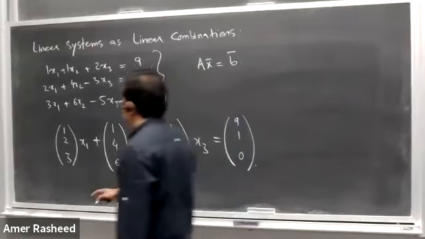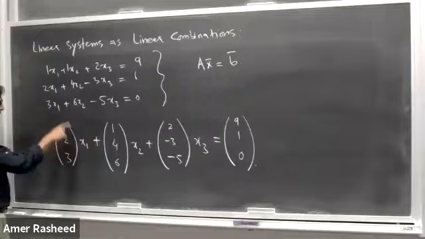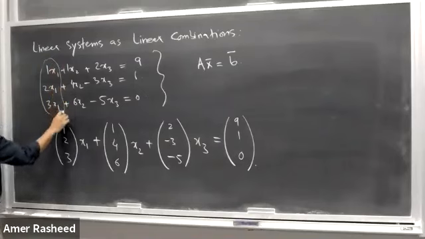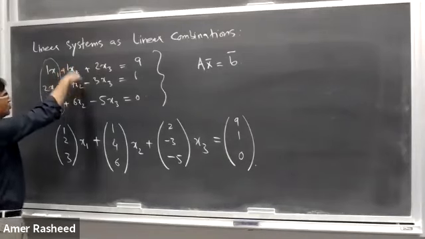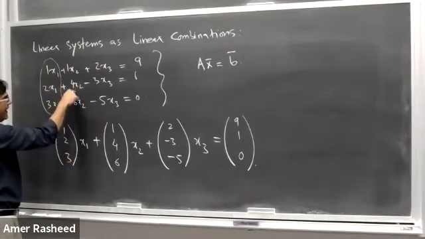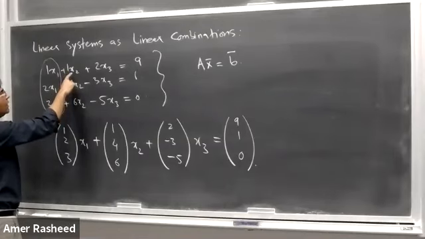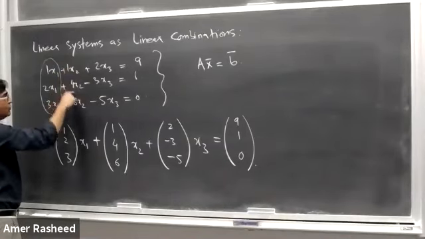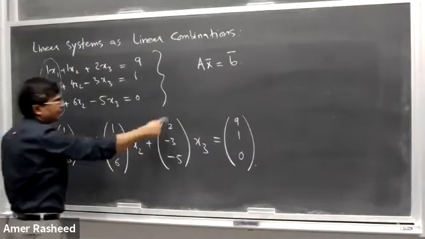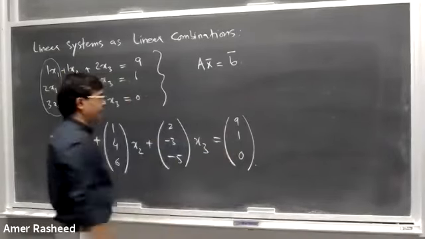Can I write this linear system in this way, where the first column vector, the coefficient vector, times x1 is basically this thing in the linear system? We write every coefficient of x1 in the form of a vector times x1. Similarly, x2 times the coefficient of x2 in every equation, we have written in the form of a vector. And similarly, x3 is equal to the right-hand side vector.